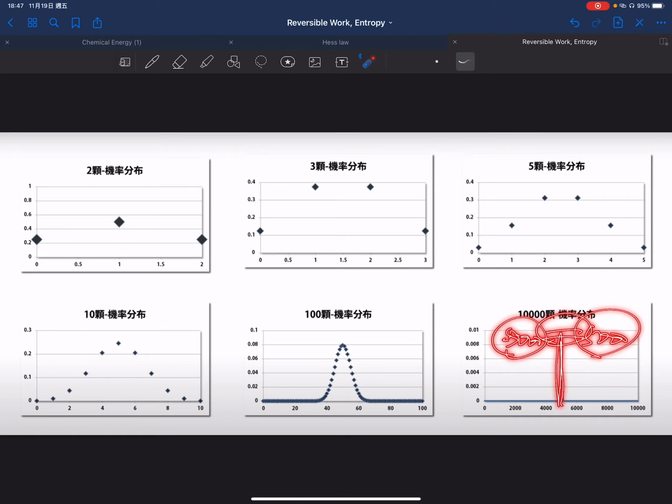When it's an equal amount, it will reach the highest possibility. Is there any chance that all of the 10,000 molecules can be on the same side? Yes, there is, but the possibility is very small.